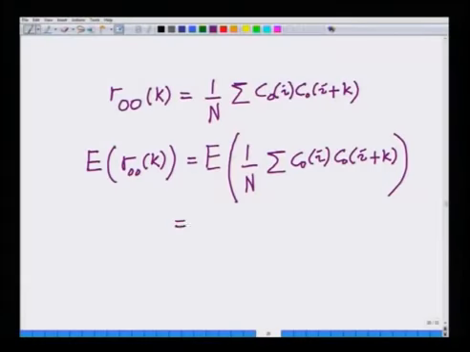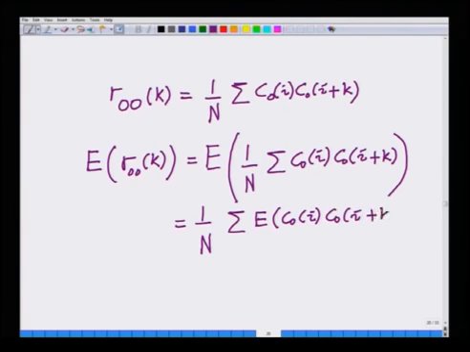Since the expectation operator is linear, I will take the expectation inside, that is 1 over n summation of the expected value of C0i into C0(i+k).